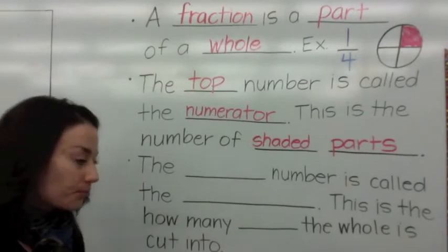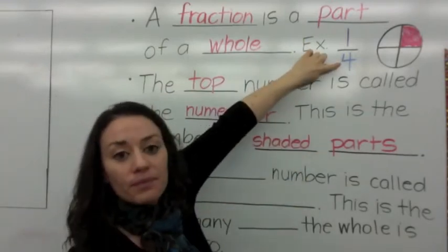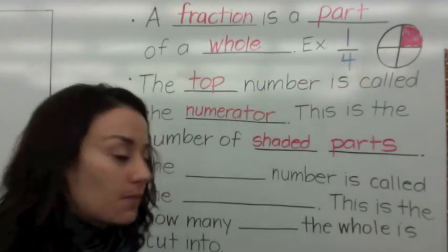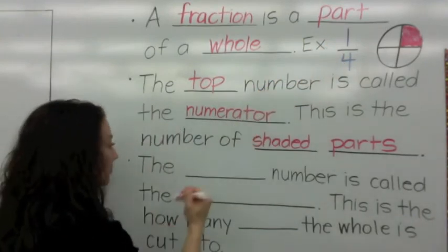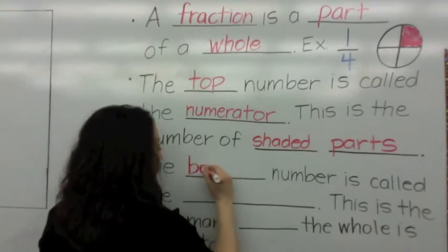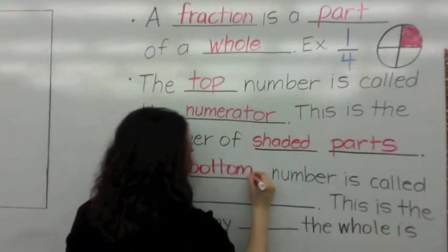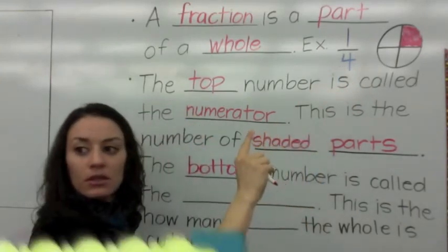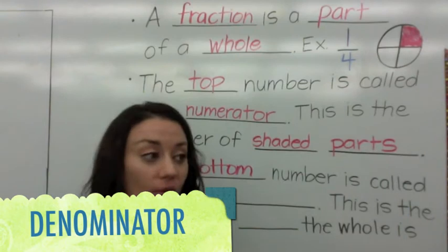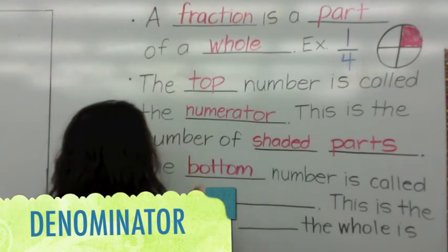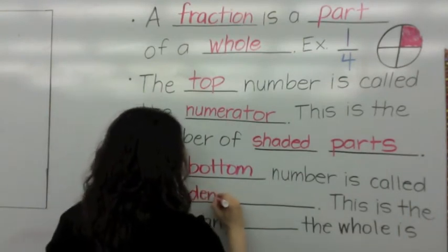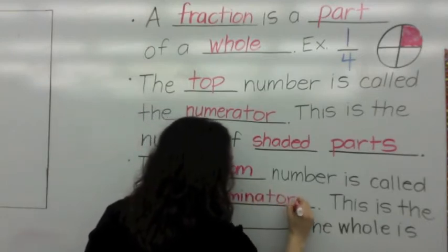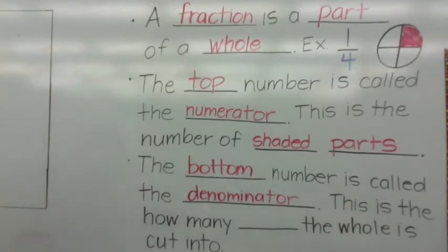So that's the numerator. Now the bottom number is 4, right? We call this fourths. The bottom number is called the, anybody know what this bottom number is called? It's called the denominator. It's called the what? Denominator. Okay, denominator, get that down.